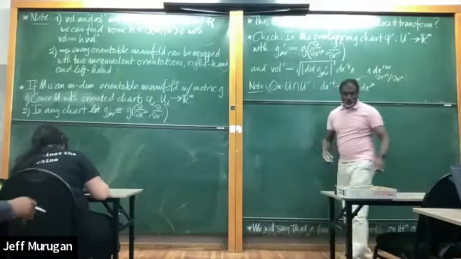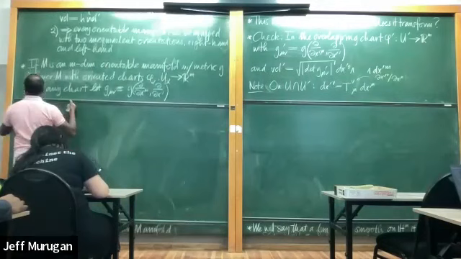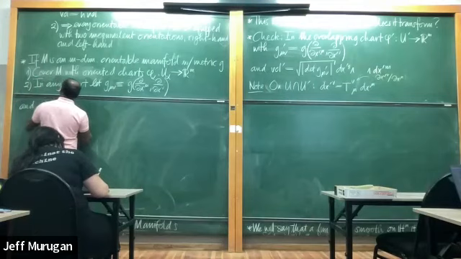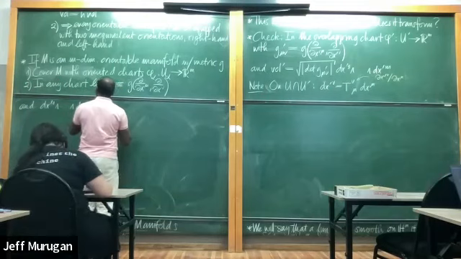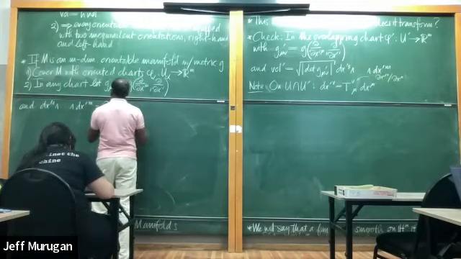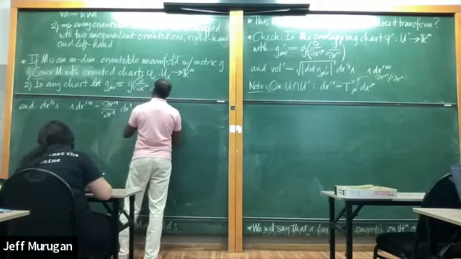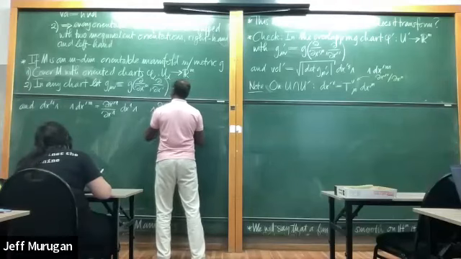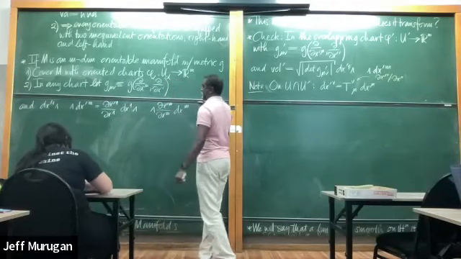And these dx primes are related to the dx's as follows: dx prime 1 through dx prime m is dx prime 1 by dx 1, up to dx prime m by dx m.